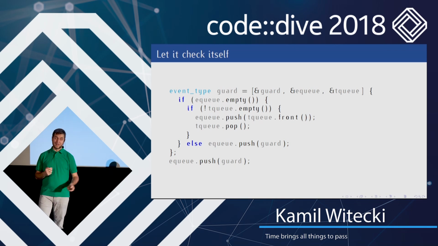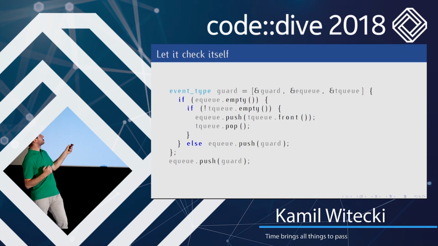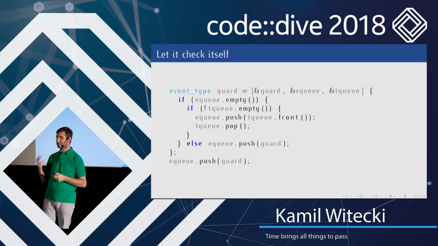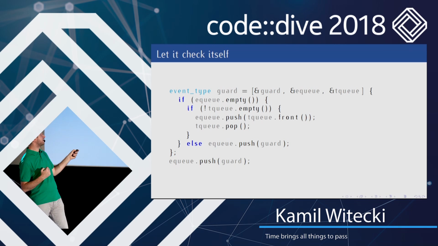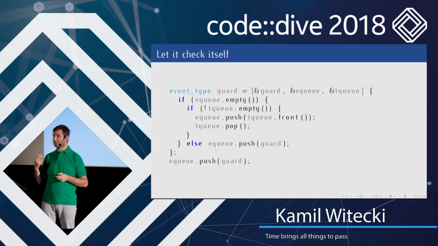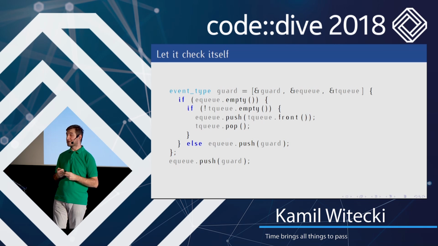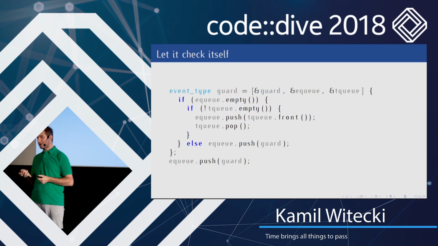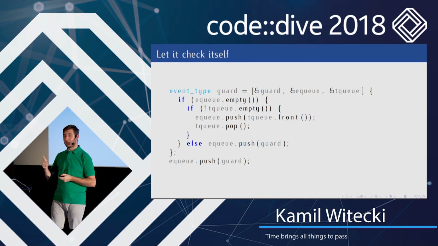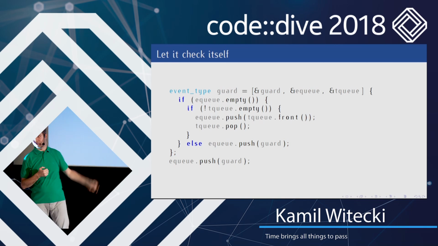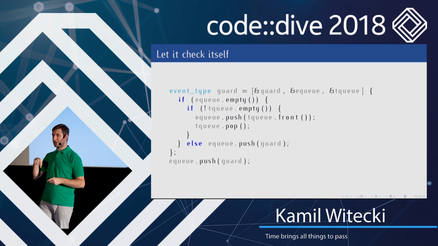To do that, we'll introduce a so-called guard event. And our guard event will be the one checking the state of the queue. So now, no matter what the queue does, whenever it's empty, it means that there is just one event being processed right now. And if I am executing this code, I am sure that I am executing it myself.